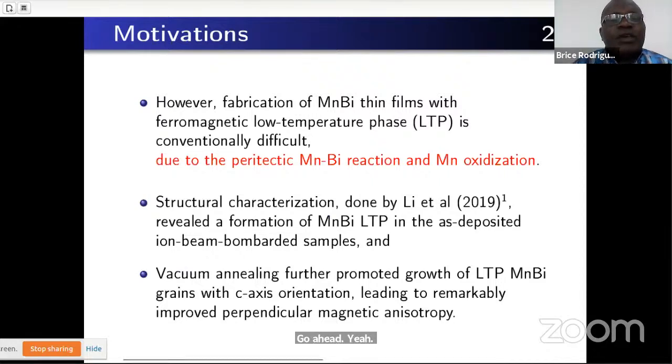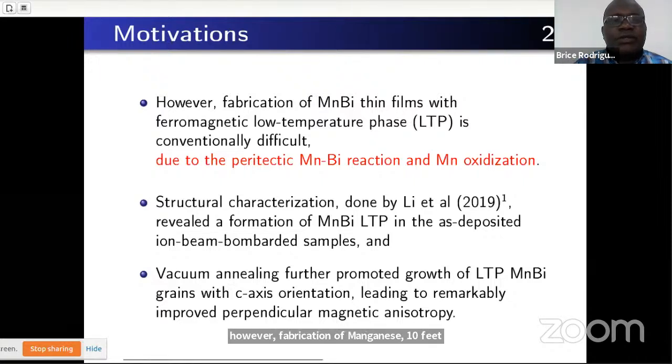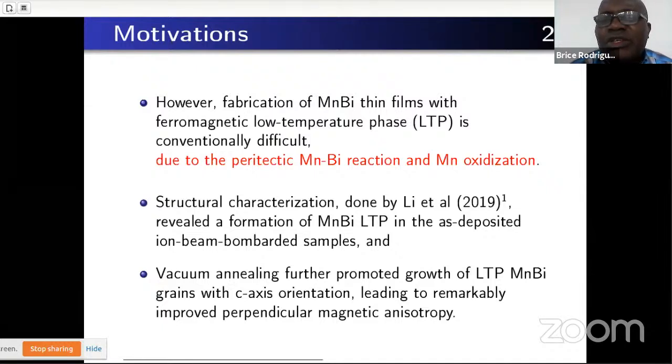However, fabrication of manganese bismuth thin films with the ferromagnetic low temperature phase is conventionally difficult. This is due to the peritectic reaction and manganese oxidation.